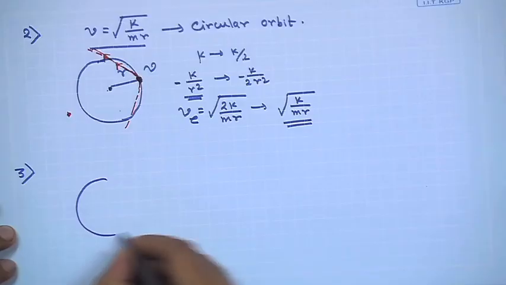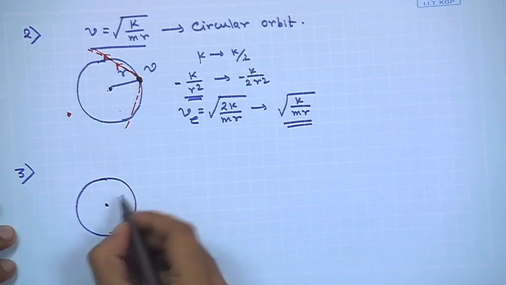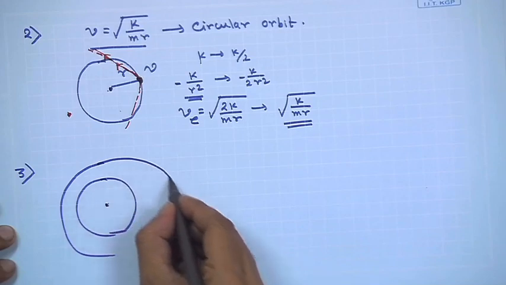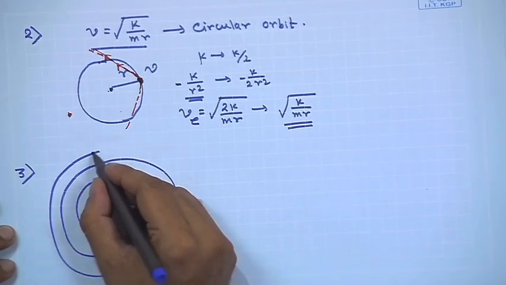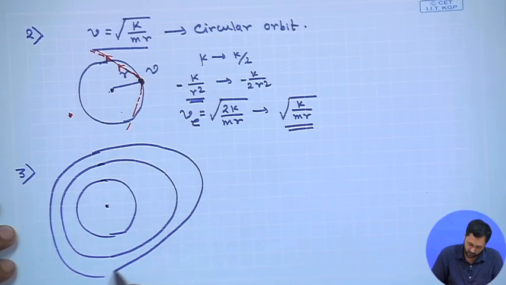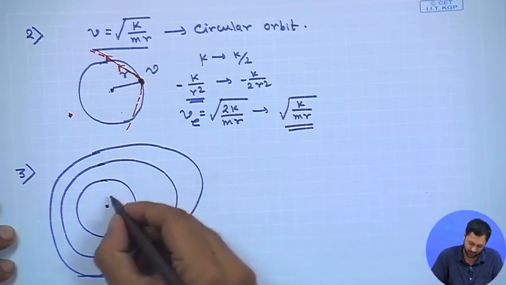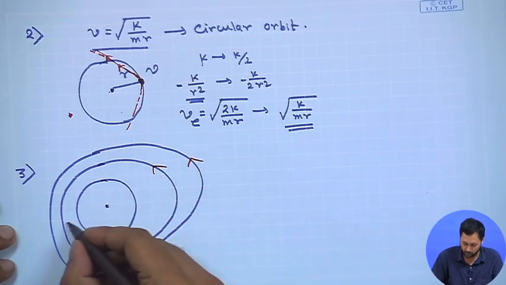Remember, in Kepler's law, if this is your force center and we have one elliptical orbit and another elliptical orbit, the orbits need not be on the same plane, I just draw it like this. So, this is one elliptical orbit, then the other elliptical orbit.